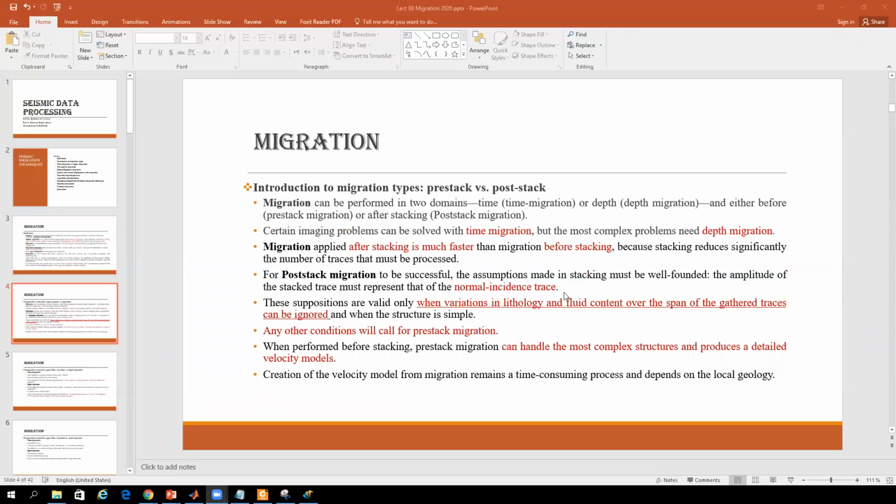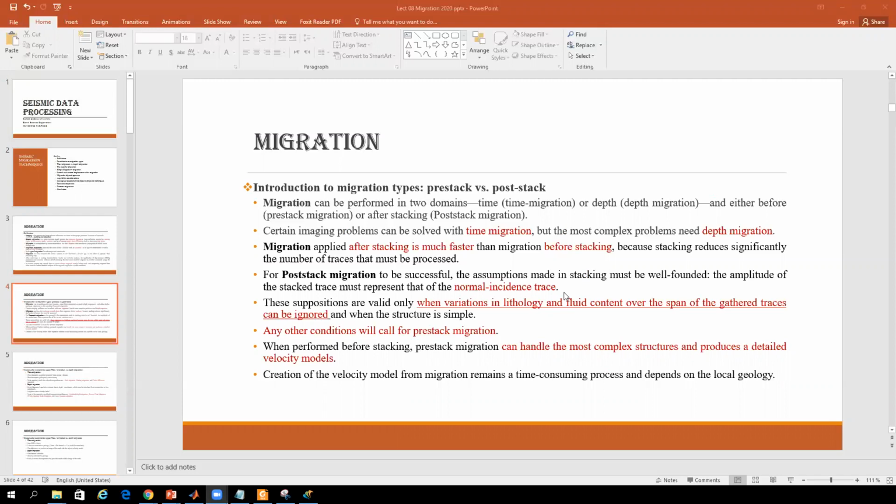So we have many different types of migration. Some of them have the name of the one who introduced them. Some of them have the name of the mathematical approach which is involved in that process. We have migrations which are performed on the data before stacking, so we call them pre-stack migration.